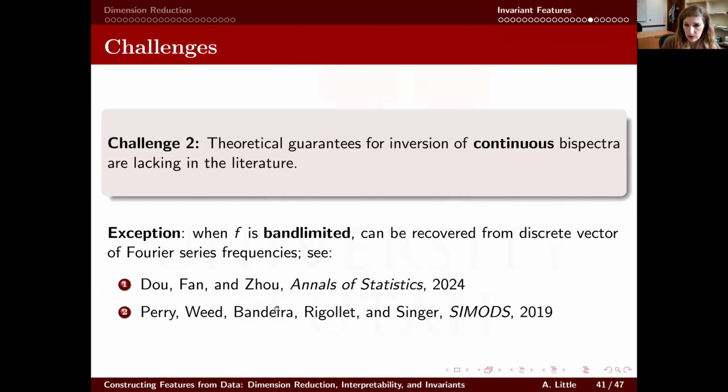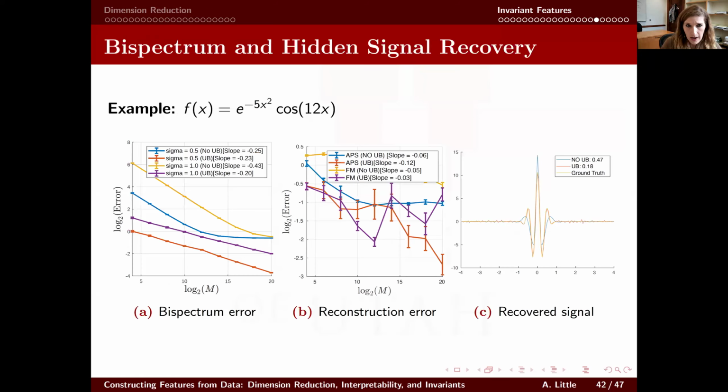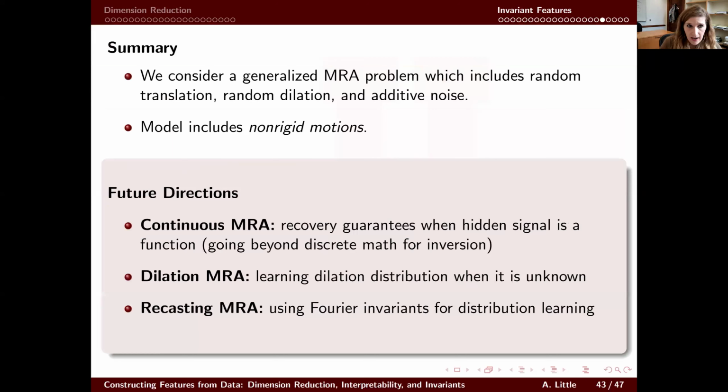There are some really interesting results along those lines. Here are some figures illustrating that even when you can really accurately learn the bispectrum, the inversion is still quite challenging in practice.